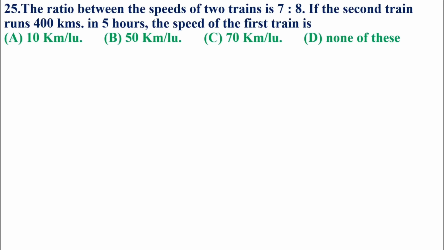The ratio between the speeds of two trains is 7 is to 8. So they have given speeds as 7 is to 8. If the second train runs 400 kilometers in 5 hours, so the second train distance is 400 and the time is 5.